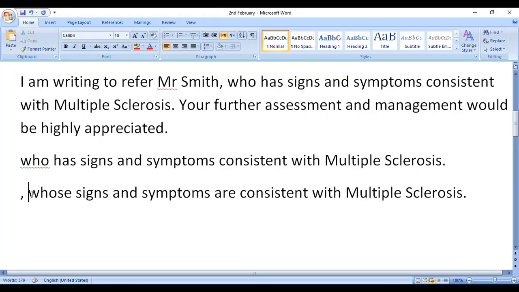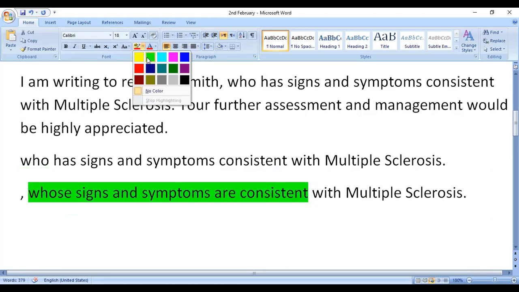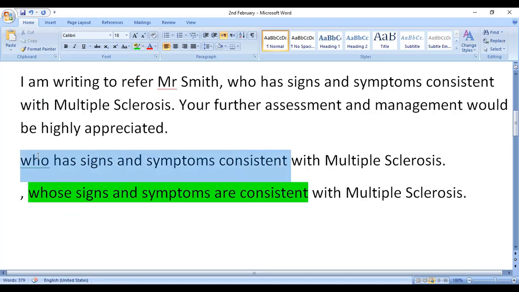When we use whose signs and symptoms are consistent with, are suggestive of, then we use are. When it is who has signs and symptoms, that is also another way. So both are correct. Both are okay.